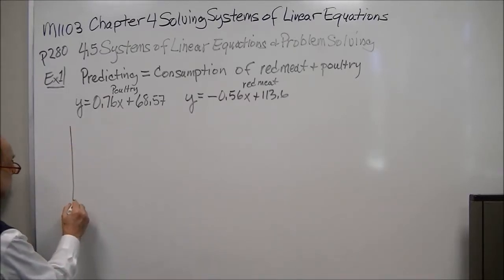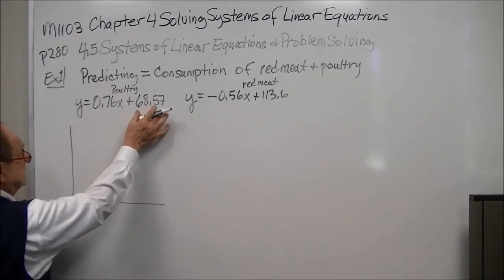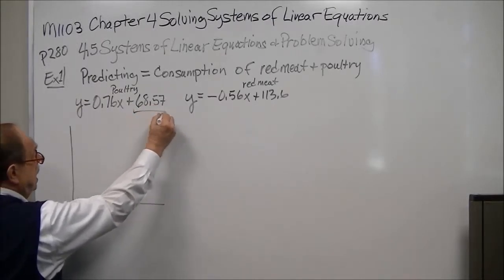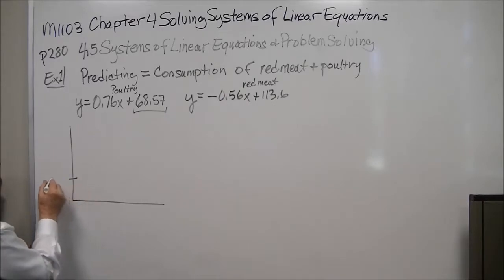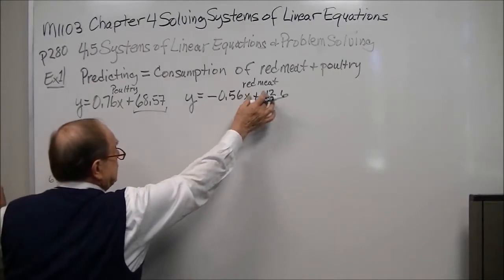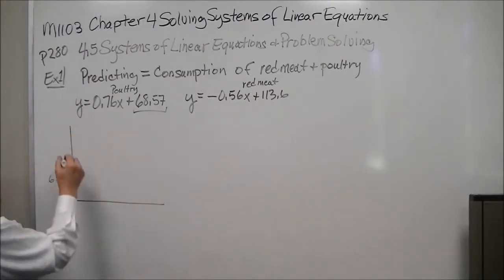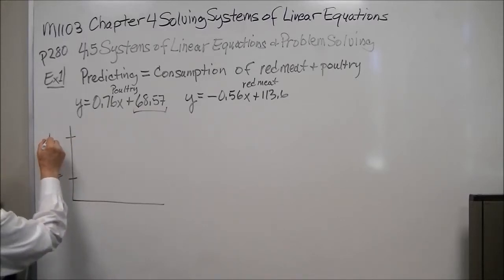So if we wanted to make perhaps a little graph of what's going on, and there is one in the textbook. For poultry, we notice this is our y-intercept. And let's say it's about here where you have 68. And this is our y-intercept for red meat, which is up here for about 113.